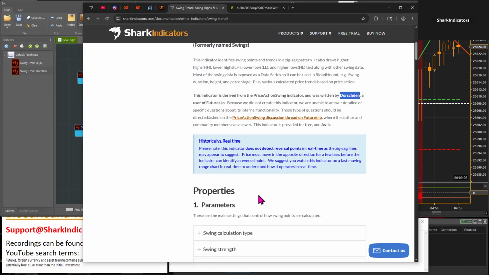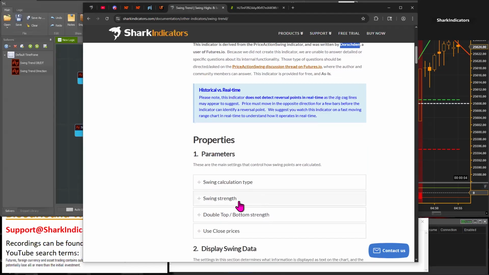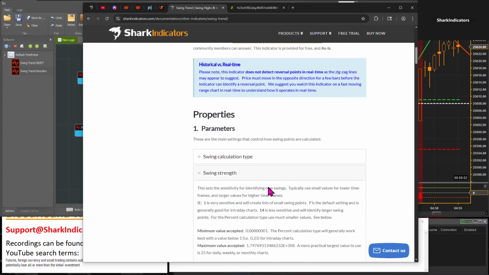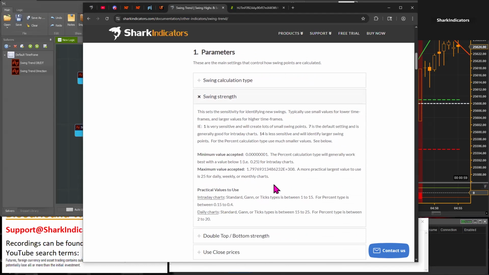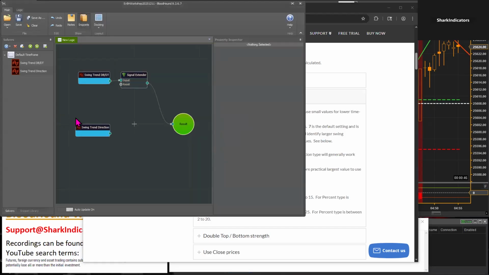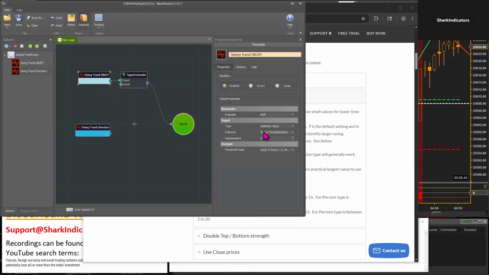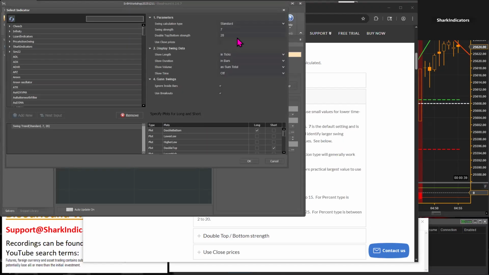But I do know that basically the swing strength, we do have some answers just from observation, that in the typical mode, and so let's go into the swing trend indicator here. In the standard mode, the swing strength is essentially counting bars.